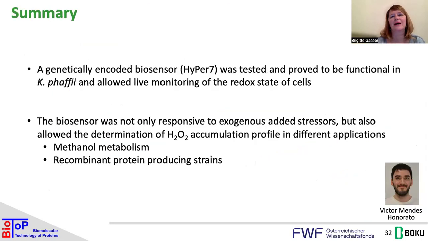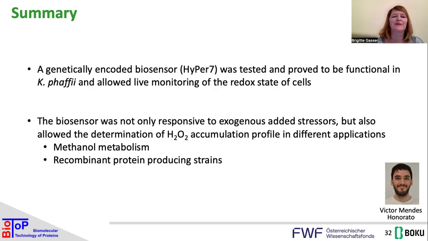And with this, I would like to sum up. So in addition to shedding new light on the regulation of ERO and PDI, and looking for novel PDI family members, we were able to implement a genetically encoded biosensor for hydrogen peroxide formation, to measure hydrogen peroxide formation in vivo in Pichia.